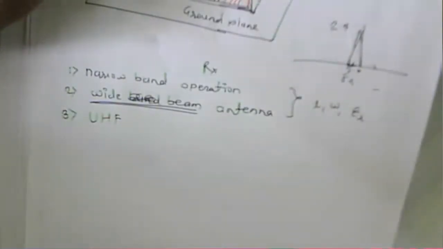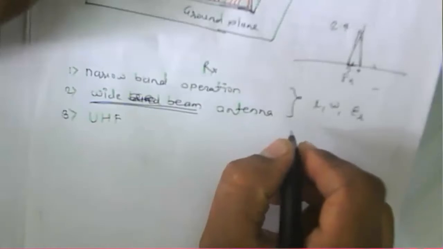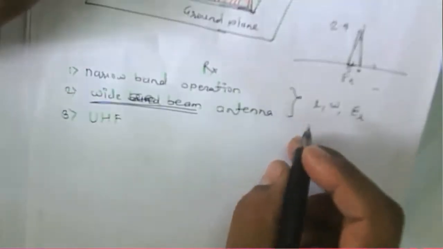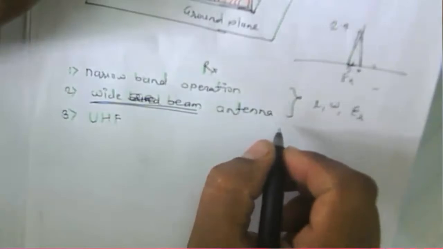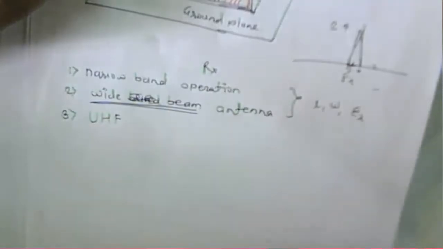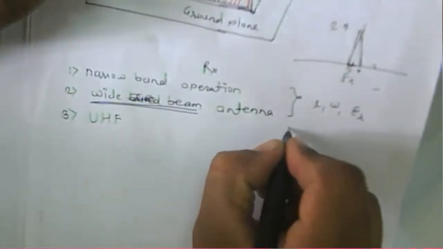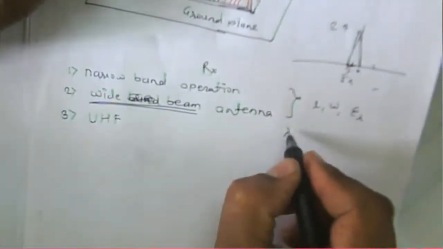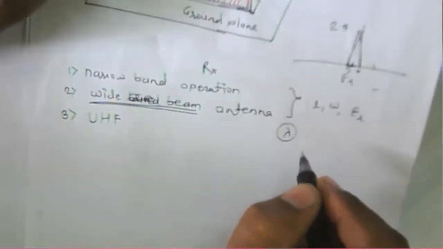Because the size of an antenna depends upon the frequency. The smaller the size of the antenna, the larger the frequency. Generally, we say the length of the antenna depends upon the wavelength.